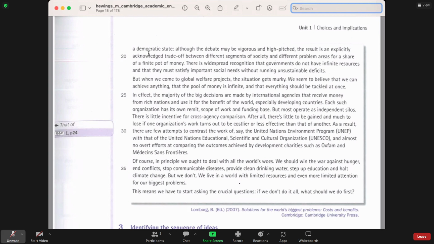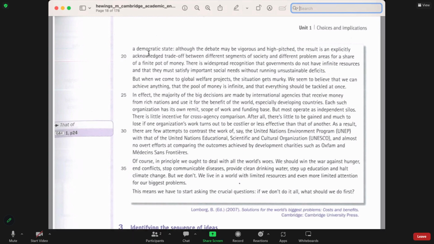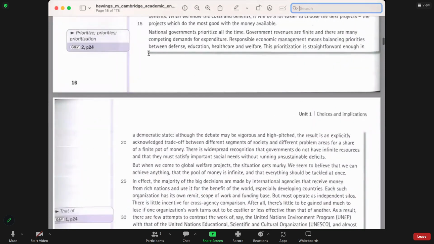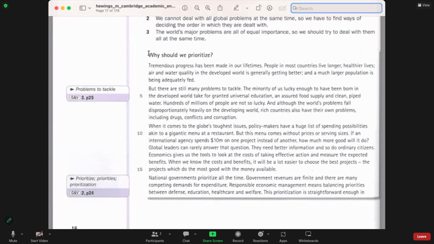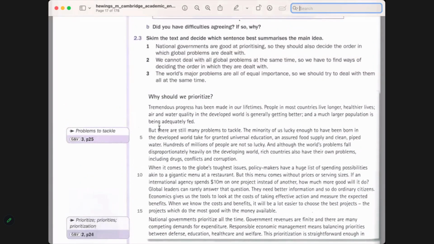Ready? I don't know what ready means if I try to read this text diagonally. The entire text? Oh, no, not now. We will read it later on. But firstly, look through the first sentences of each paragraph.